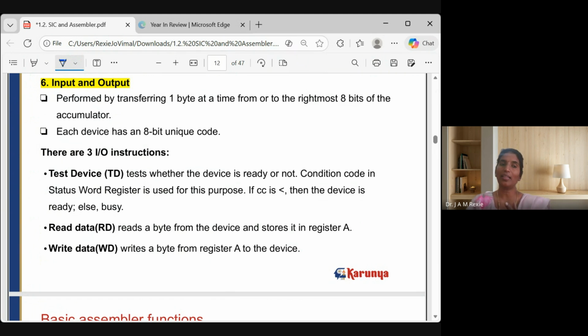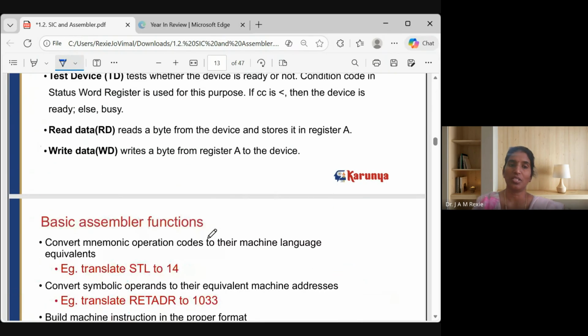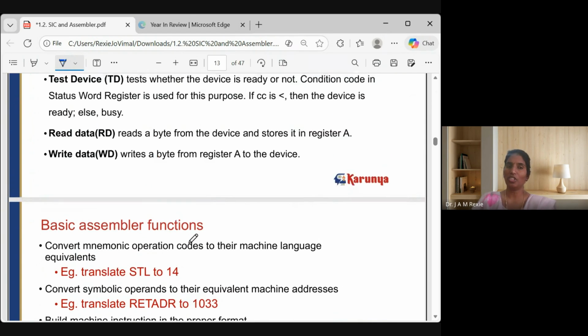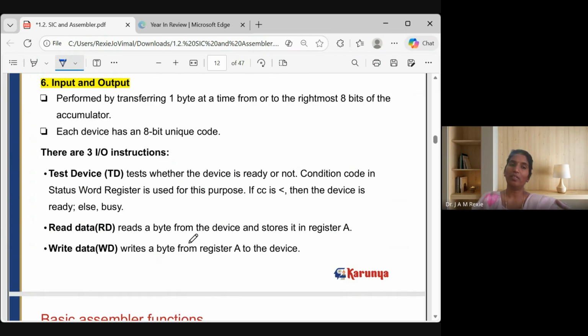Okay, so it will read the data into the A register, and write the data from the A register. Then the basic assembler function. So we'll be using this SIC machine to understand the concepts of the system softwares like assembler, macroprocessor, linker, and loader.